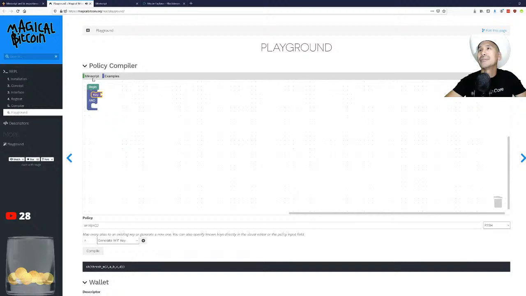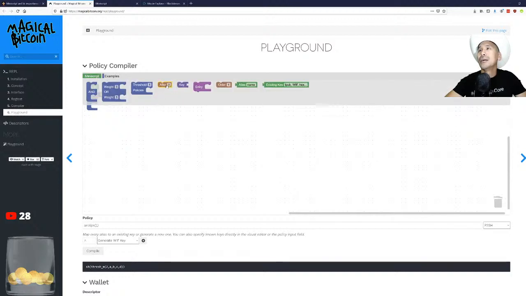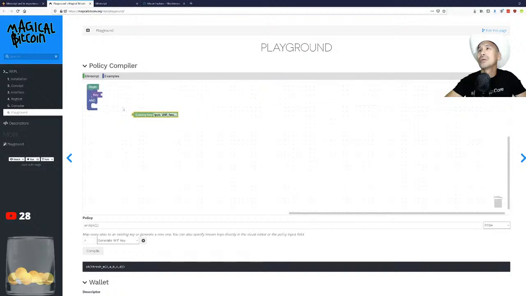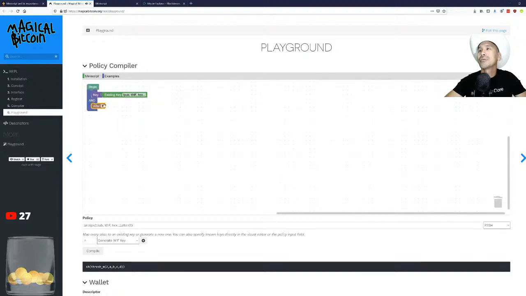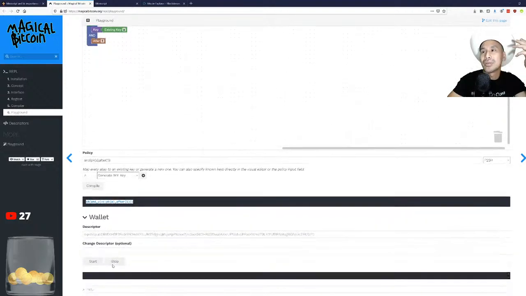Yeah, so you can have a key. Okay, and then you can have, after, yeah, so I think it'll give you the policy right here, which is kind of cool, and you can compile it. For some reason, oh, I have to put this here. Yeah, there we go, and there you go, and you get the actual Miniscript.